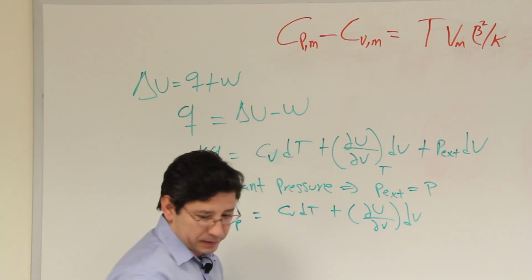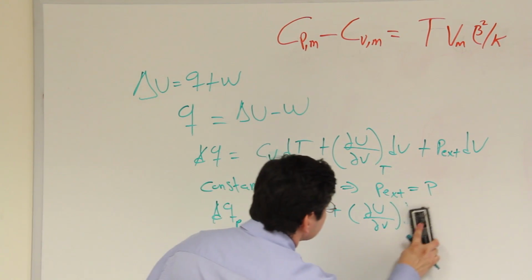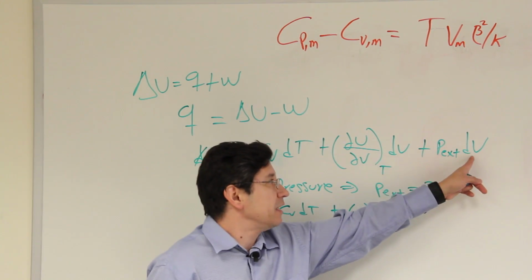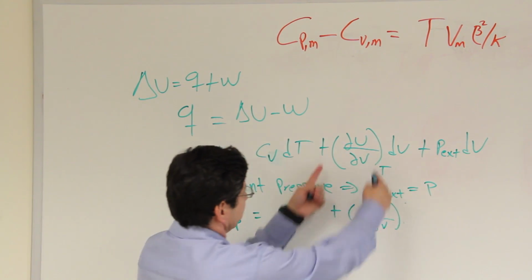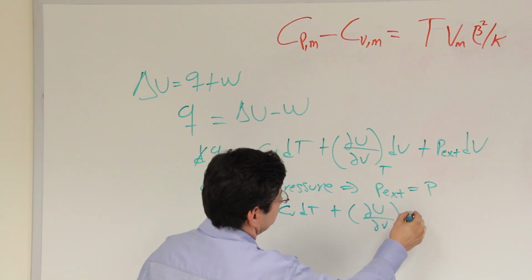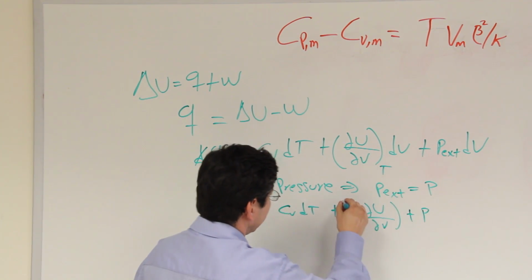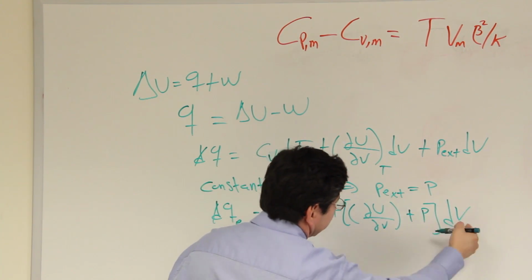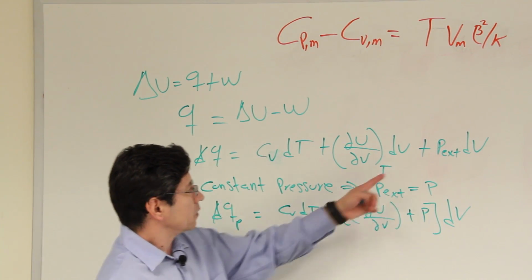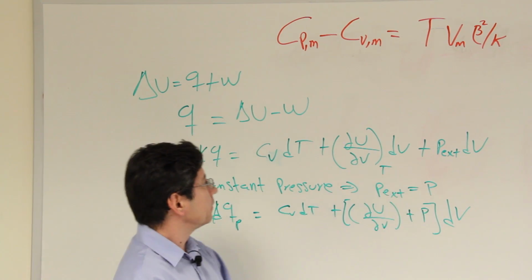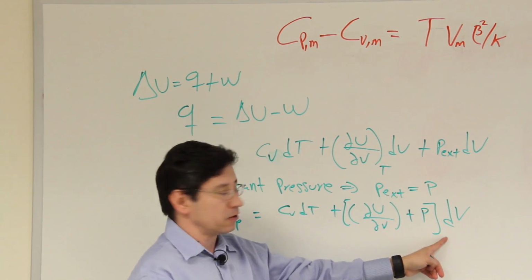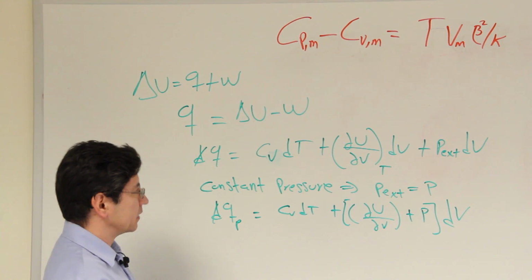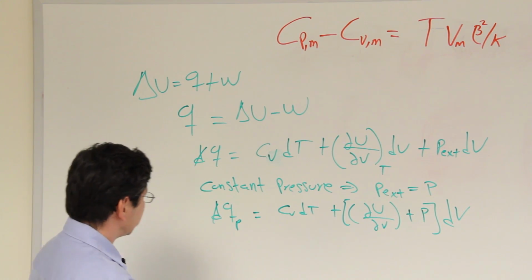Well, if you think about it, there is a dV here and there is a dV here, so that's a common factor of this term, plus P, being a constant, common factor for dV. So P external is just P. We have dV as a common factor, so nothing weird going on here, just applying basic algebra.